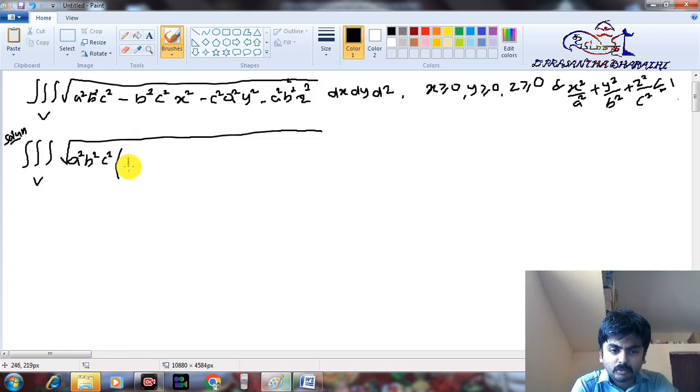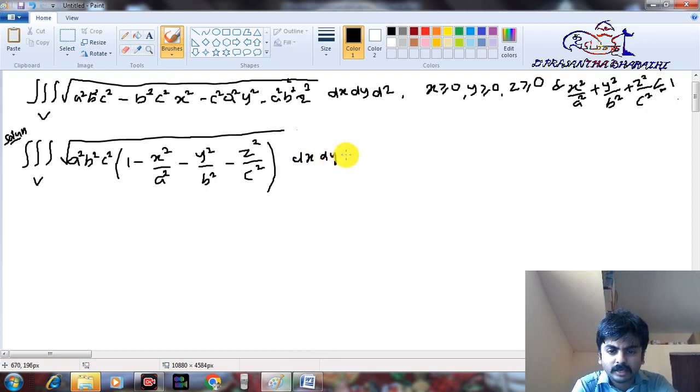So I get 1 minus x square by a square, because that is missing in this term, minus y square divided by b square minus z square divided by c square, into dx dy and dz.